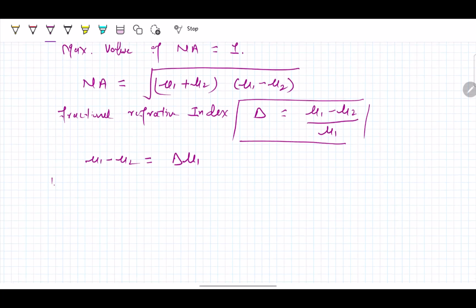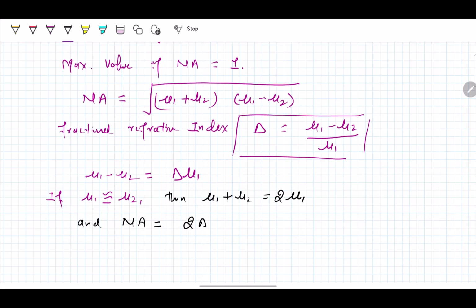And if mu_1 is approximately equal to mu_2, then we will get mu_1 plus mu_2 equal to 2 mu_1, and then numerical aperture is equal to the square root of 2 delta mu_1 squared, which can be written as mu_1 times the square root of 2 delta, where delta is the fractional refractive index.